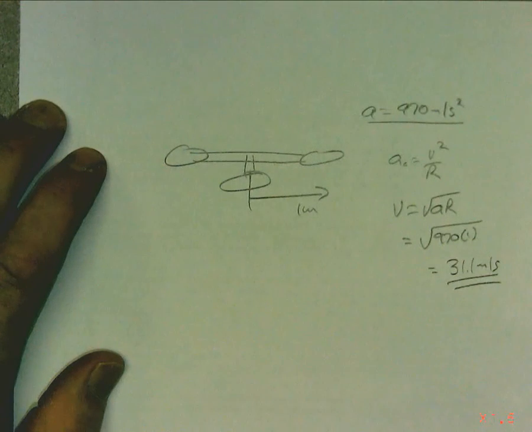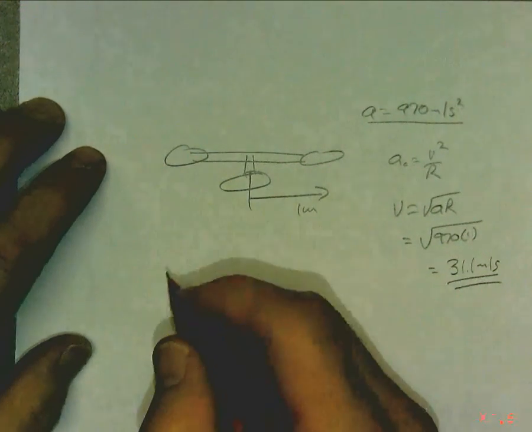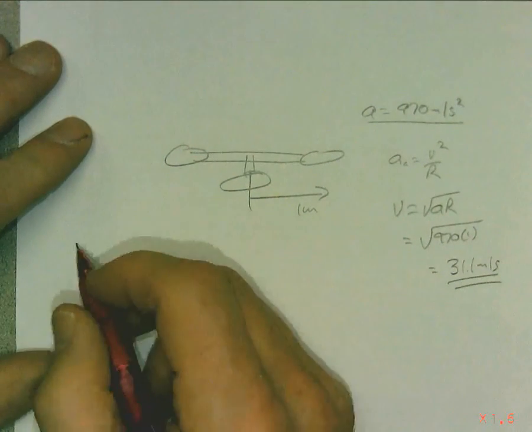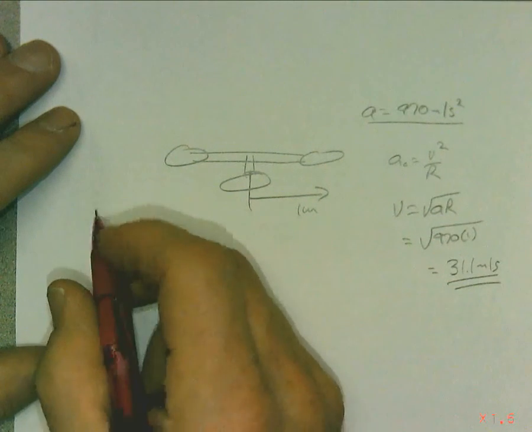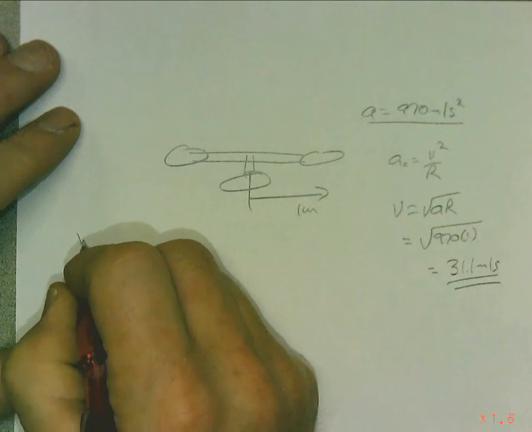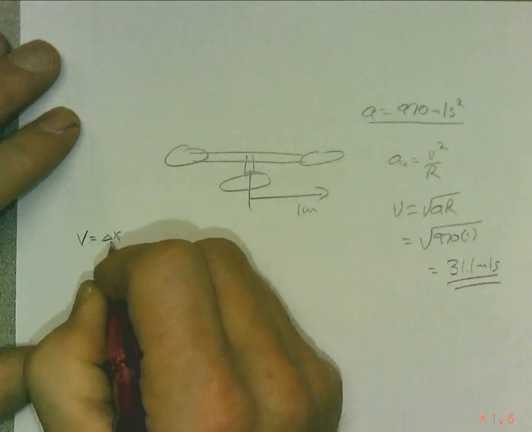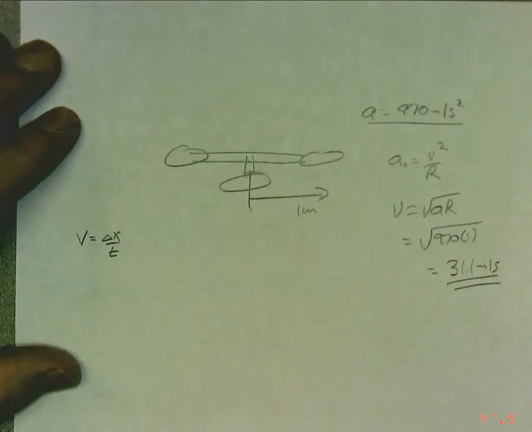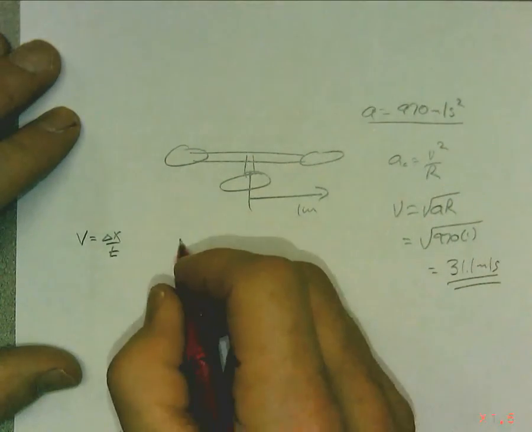What's the angular speed of the insect? Angular speed is a new concept, and we have regular speed. v is equal to delta x over t. Well, there's a relationship with angular speed.